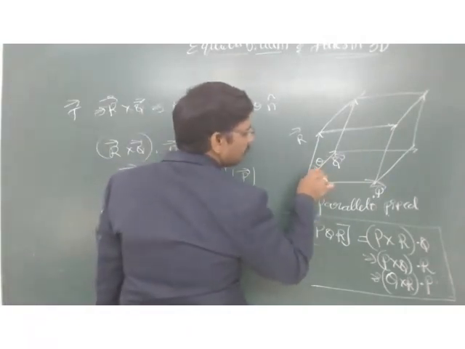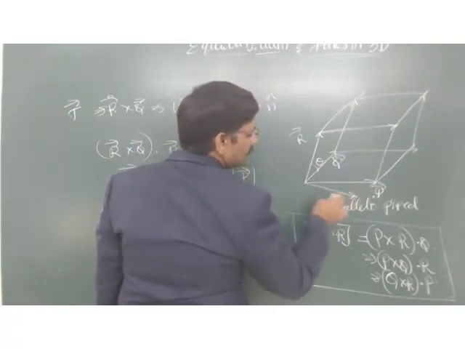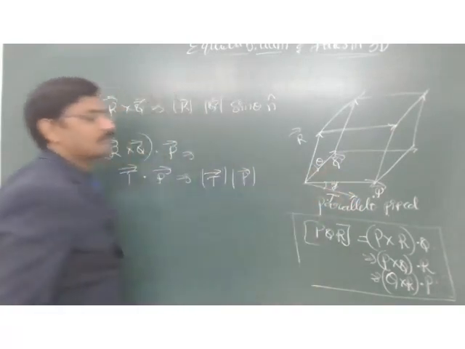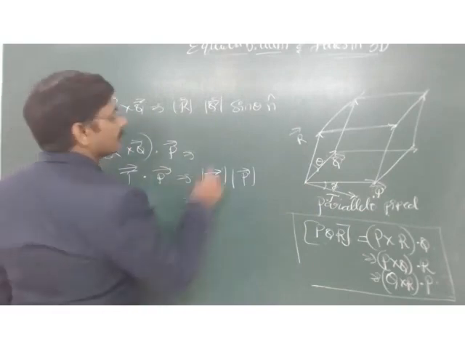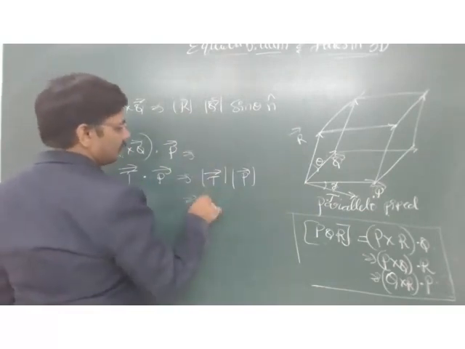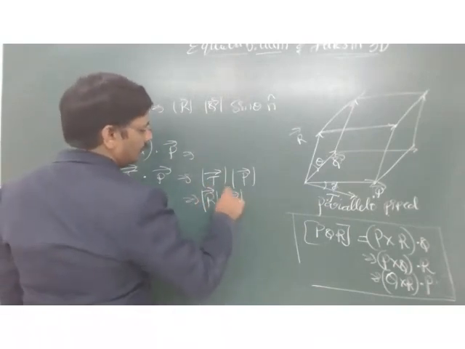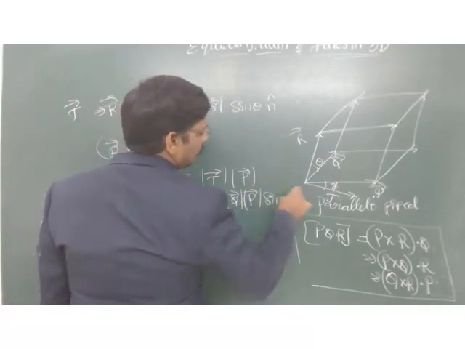Let us say this is the plane and this is the perpendicular, or T vector. The angle between T and P is phi, let us say. Now mod T is nothing but R into Q into sin theta, so the value is R into Q into P into sin theta into cos phi.